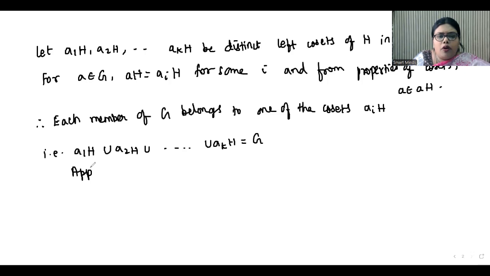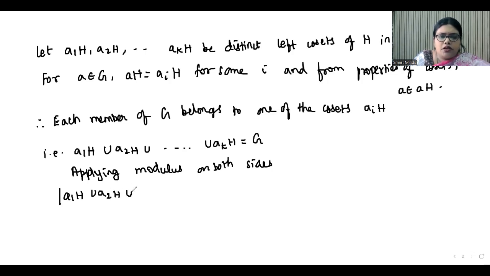Now applying modulus on both sides. So what do you get? Mod of A1H union A2H union so on up to union AKH is equal to mod G. Now we can separate the mods.